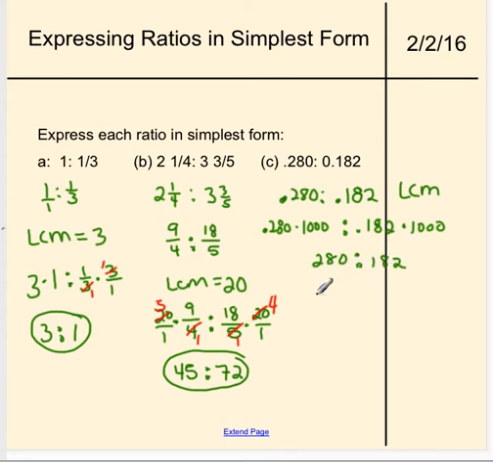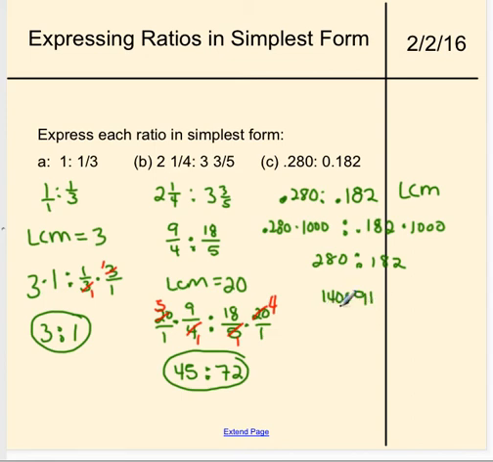And now I can just go about simplifying by finding a factor that's common to both of them. And they're both even, so they're both divisible by 2. So 280 divided by 2 is 140. And 182 divided by 2 would give me 91.